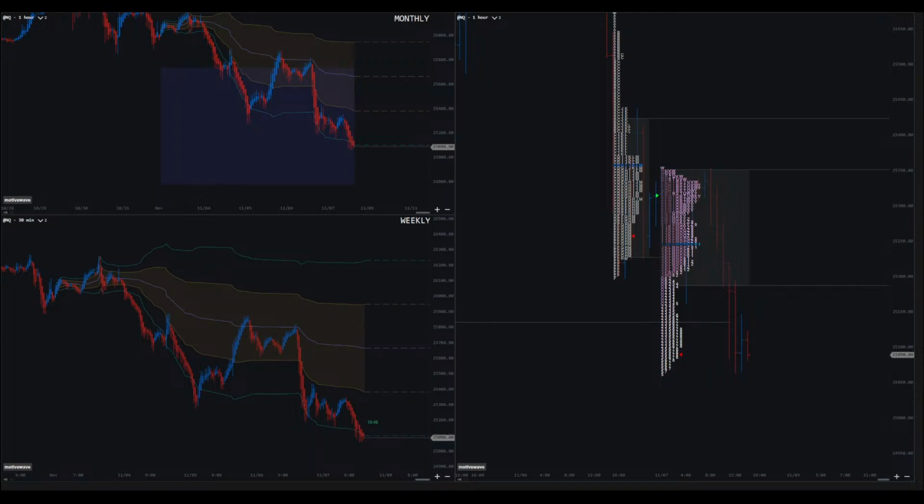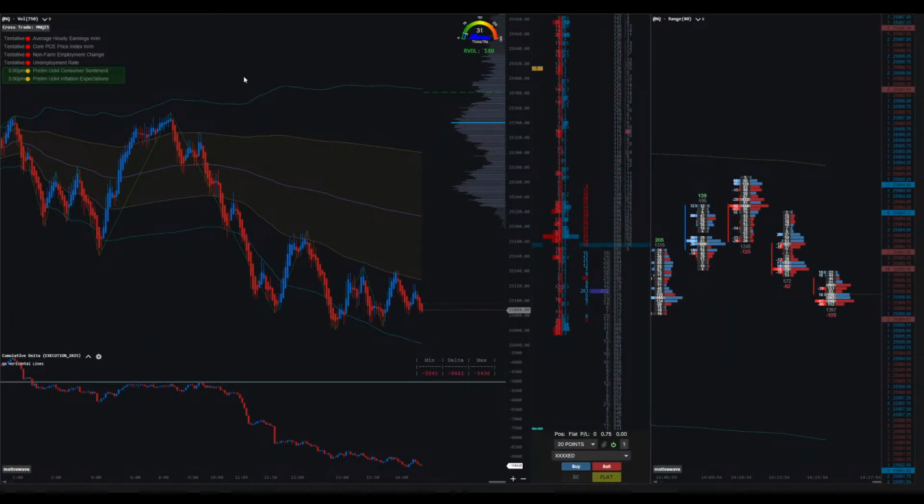Looking at the delta, trying to find the rhythm and trying to identify the type of day we're having. Are we rotational? Are we trending? Is the VWAP holding? If it is, then it's a sign of a trend environment. But most importantly, well, we have some news at 3 p.m.